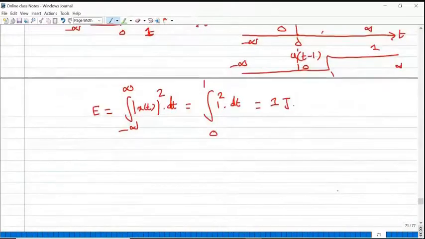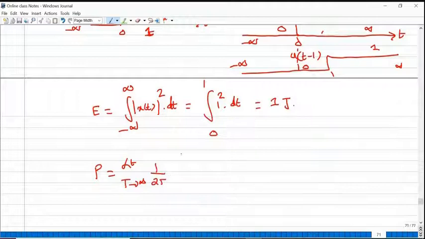And power of this particular signal: limit T tends to infinity, 1 by 2T, integration 0 to 1. If it is 0 to infinity, then you will get 0 to T. But for this example, you have to substitute 0 to 1 only.